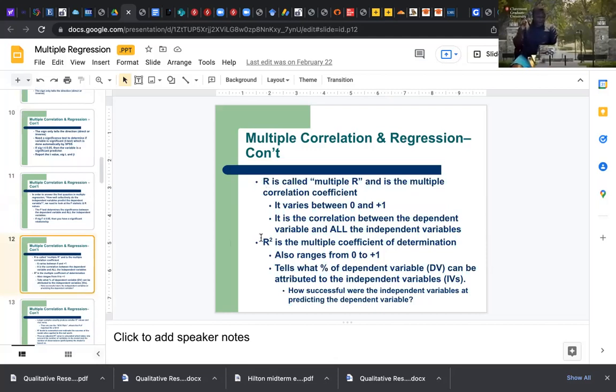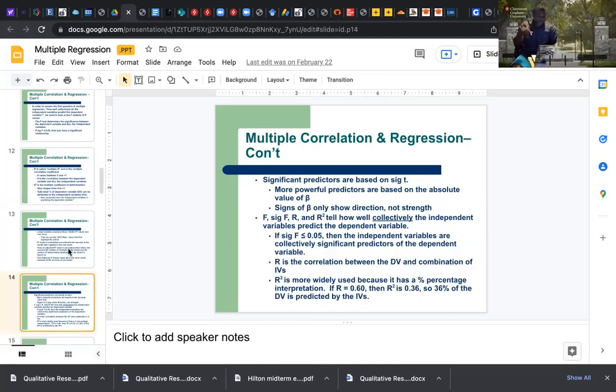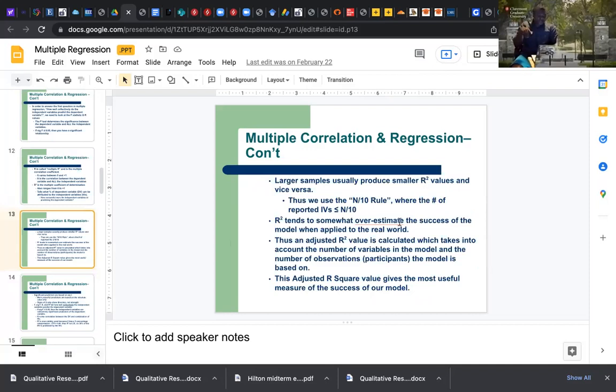First of all, you have to report the R square, and also the adjusted R square, because the R square tends to overestimate the success of the model. Thus, the adjusted R square value is calculated, which takes into account the number of variables in the model and the number of observations or participants the model is based on.